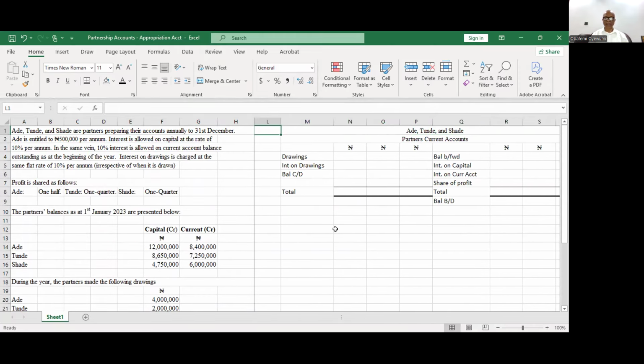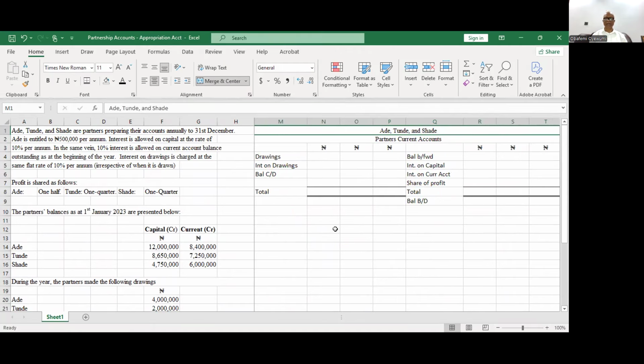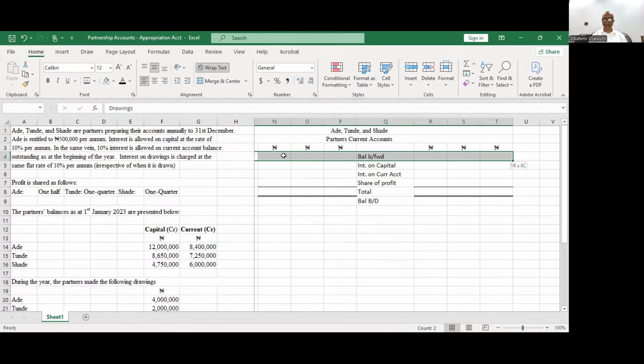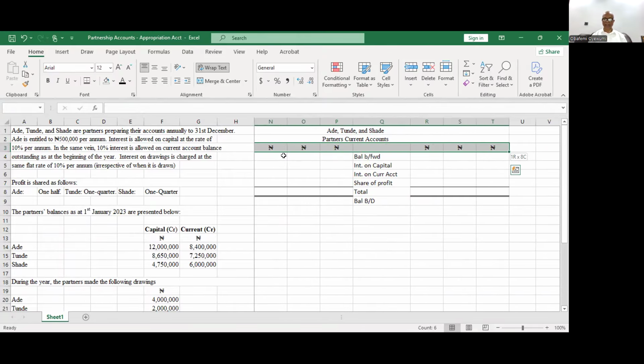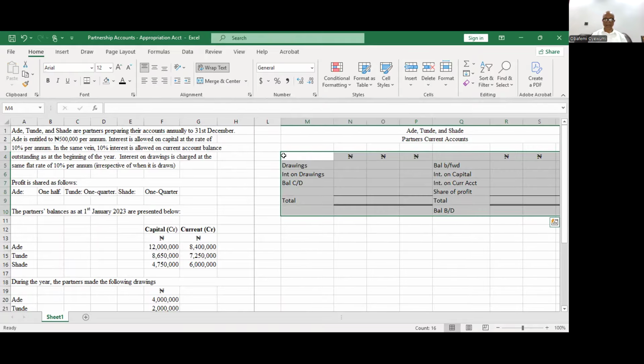So I have already done the sketch of it here. So we have Ade, Tunde, and Shade there. And then let's look at the current account of the partners, what it is going to look like at the end of the day, so that you have an understanding of how to present a current account. Let me move this a little bit down so that we have their names up there.